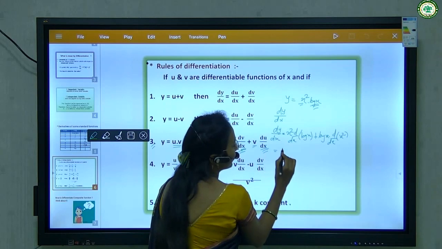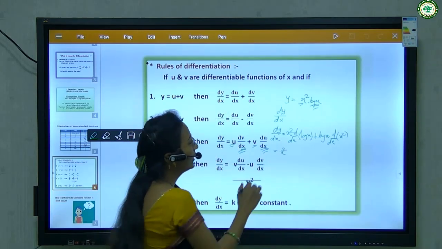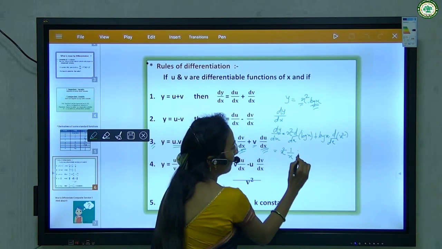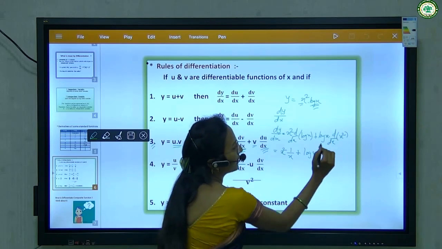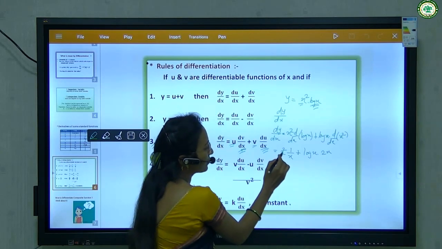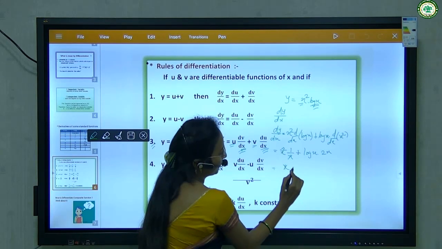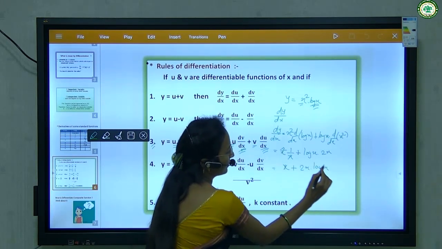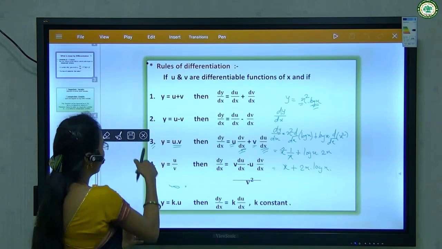Therefore, by calculation, dy upon dx is equal to x square into derivative of log x, which is 1 upon x, plus log x into the derivative of x square, which is twice x. By calculation, here x square into 1 by x, one x is cancelled. We get x plus twice x into log x.